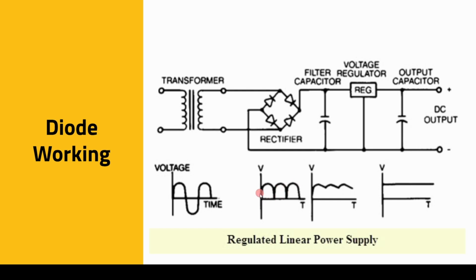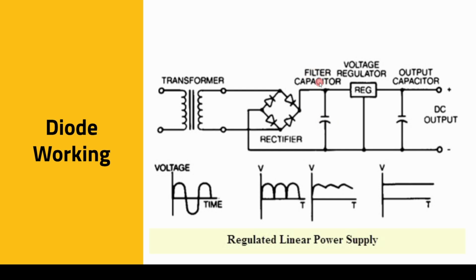Now, this is not very useful for us if we are trying to get direct voltage or DC to power a circuit, let's say a Nano or an ESP32. So we have to smoothen out this voltage. And that's where the capacitor comes in that we talked about earlier.